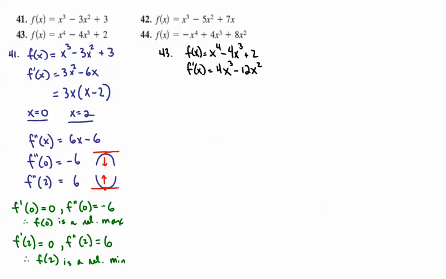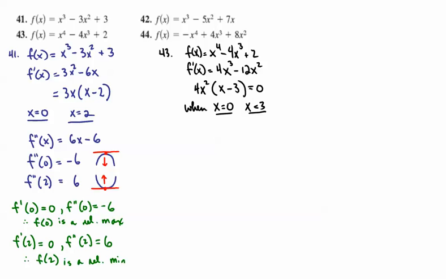And we'll want to find out where that's 0. Well, let's first factor out a 4x squared from that, and that will leave us with x minus 3. It equals 0 when x equals 0 and x equals 3.